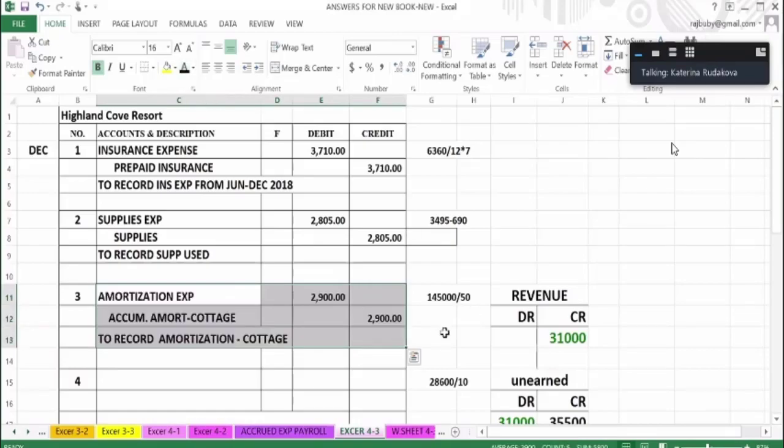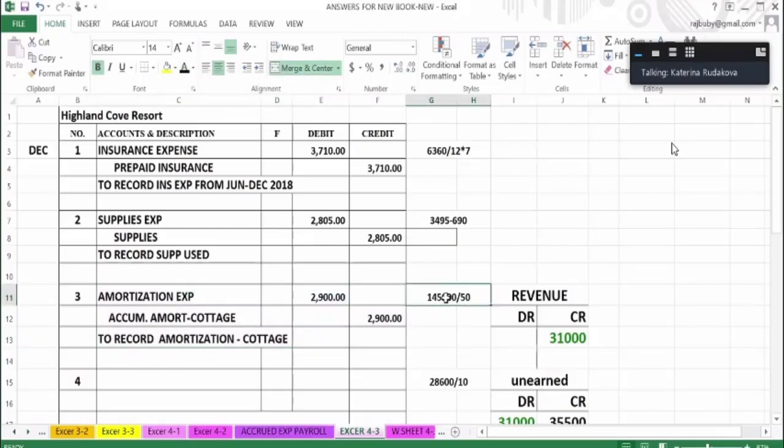How do we know that the cottage price is 145,000? Maybe it's just the rest of the price that we have. No, we have to calculate from the original price. That is the standard calculation. That is another method, 145 divided by accumulated depreciation.